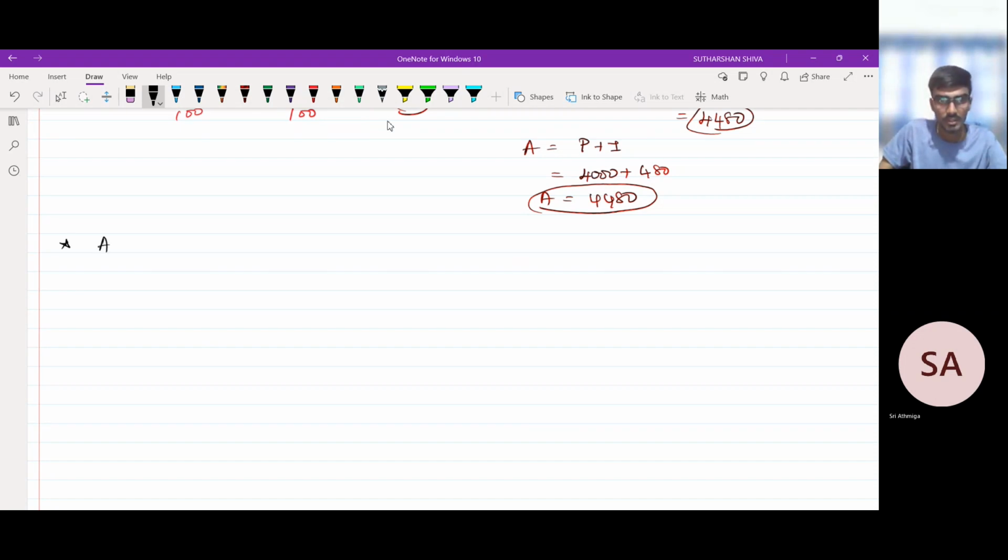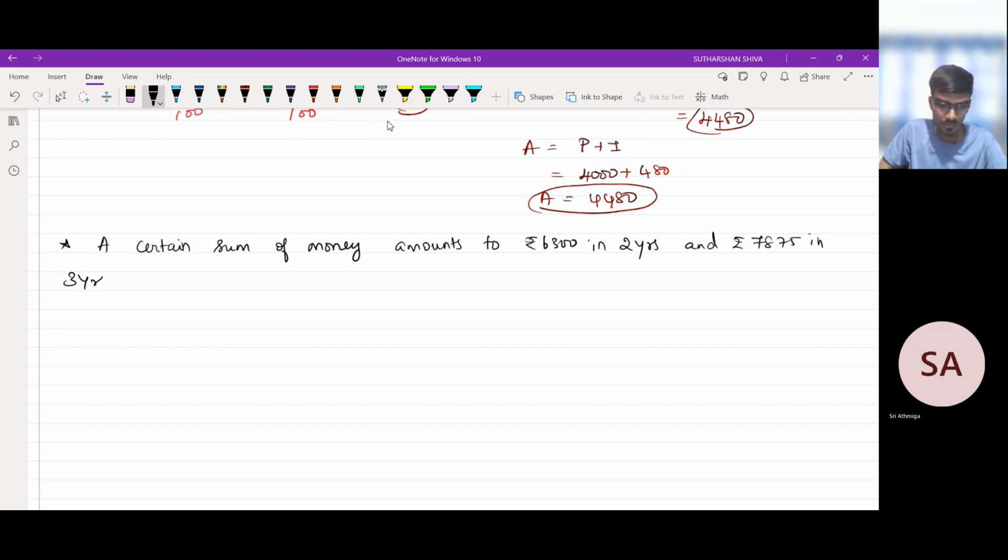First question. A certain sum of money amounts to rupees 6,300. This is not only a past paper question, the same model question, in 2 years and rupees 7,875 in 3 years, 9 months.